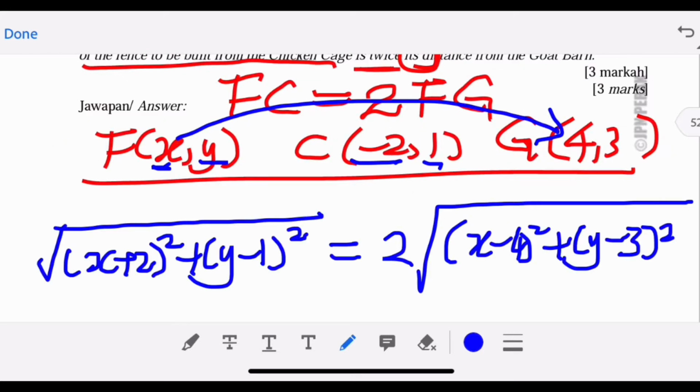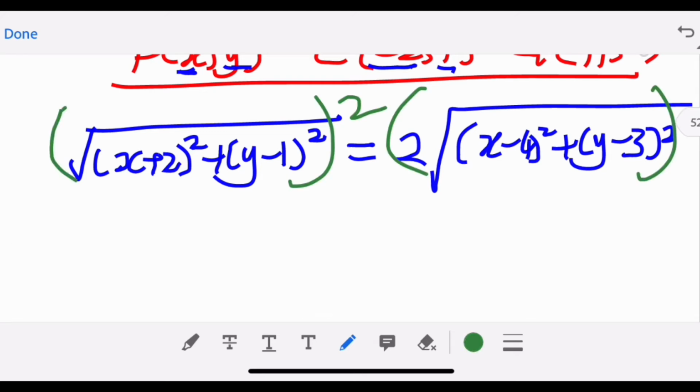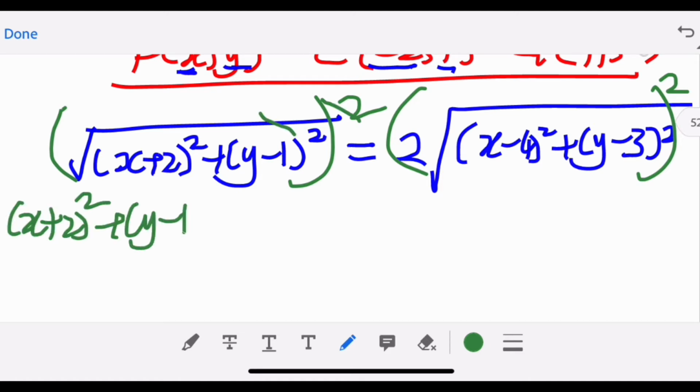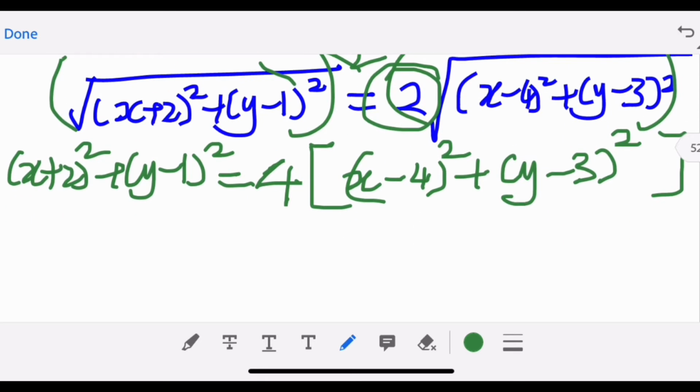To simplify this, we must square both sides. The moment we square, the square root will cancel out, so we will expand. Remember this 2 should be 2 square, which is 4. And remember this bracket, because the 4 belongs to x minus 4 square and also to y minus 3 square. So the bracket is very important.